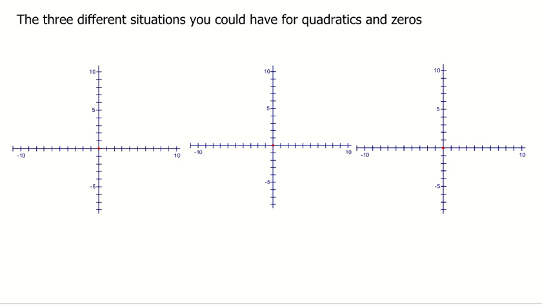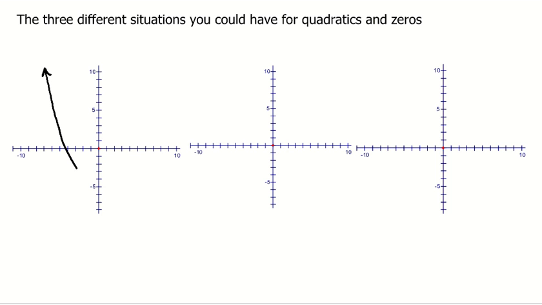Okay, so it comes down to three real cases for solving quadratics, at least in this unit. We'll study this a little more in depth in the second semester, one of these cases. But you could have one like we saw earlier where it intercepted twice.